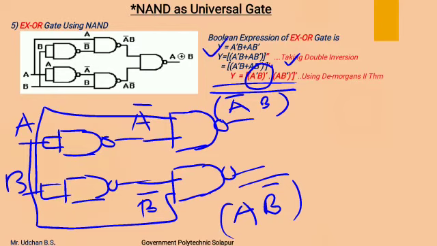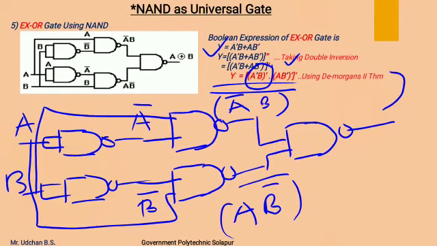Now I got two terms, a complement b its complement, a b complement its complement. Now if I use another NAND gate, and if I connect these two outputs to this, I will get this expression. If you solve this expression further, you will get the expression of XOR gate. This is how we can get XOR gate using NAND gate.